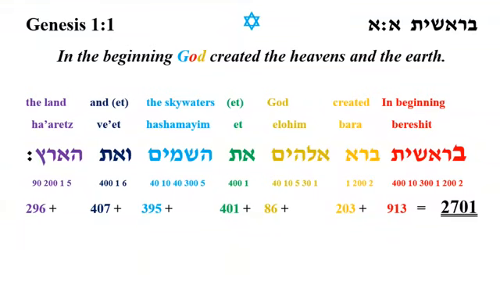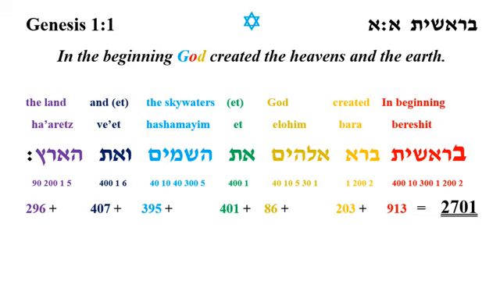He's this Trinity, 3, 3, 3, 3, 3, 3, 3, but he's also this 7, perfection, 7, 7, 7, 7, 7. They're all over the place. If we take the entire verse, Genesis 1:1, and we put in the gematria values, you see Bereshit adds up to 913, Bara is 203, Elohim 86, Et is 401, Hashemayim 395, Va'et 407, and Haaretz 296.